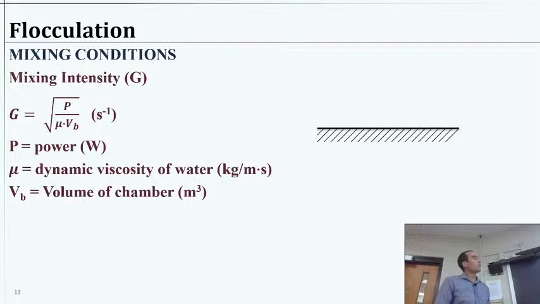So first of all, let's go into the mixing conditions. We will call G a mixing intensity. And we have a formula here for G as the square root of the power that we're putting into it divided by the viscosity of the solution, also divided by the volume of this flocculation basin.